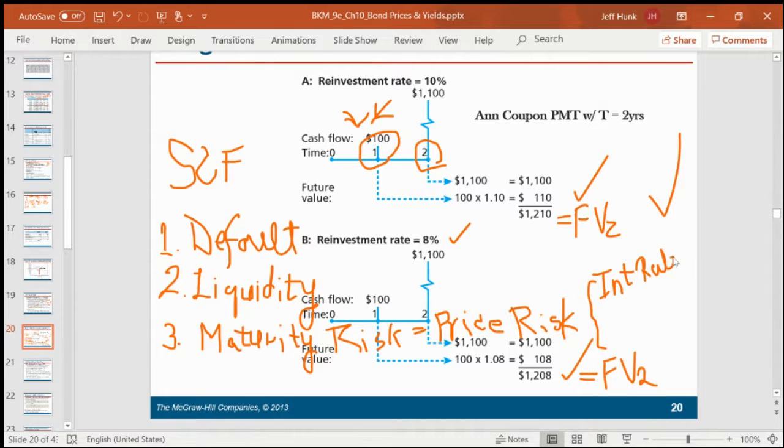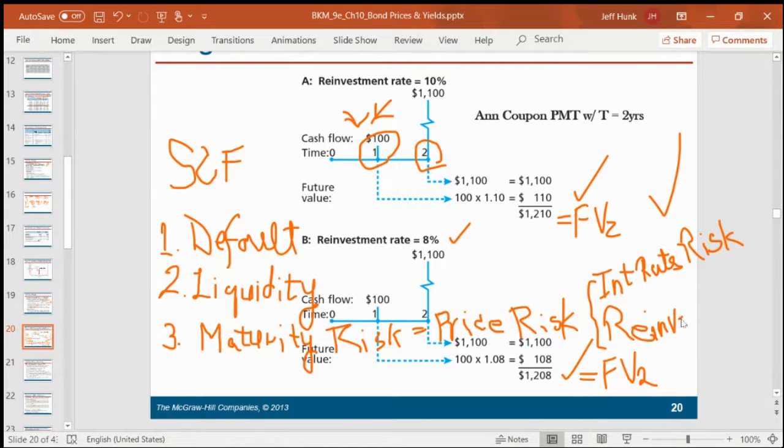And it can hit you in two ways. It can hit you in valuation, as I just explained, and then in reinvestment rate risk. What if the reinvestment rate goes down? Think about it.